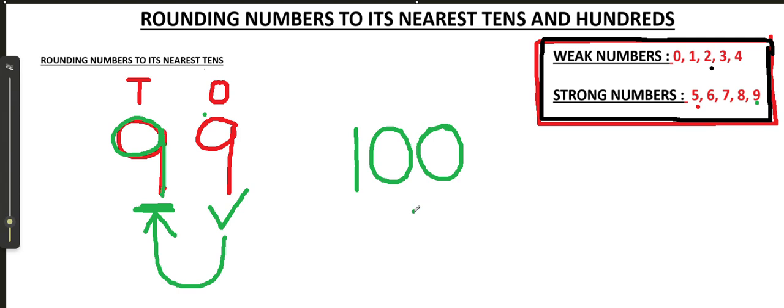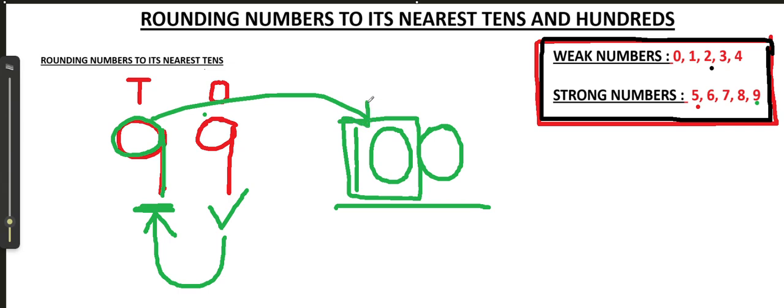So 99 rounded off to its nearest tens would be a 100. Okay, because we have this 10, this 9 rounded off to the nearest tens would be a 10, and just because we are rounding off to the nearest tens, the last number in the ones place is always a 0, so we get a 0 for that. So our final answer is equal to 100.